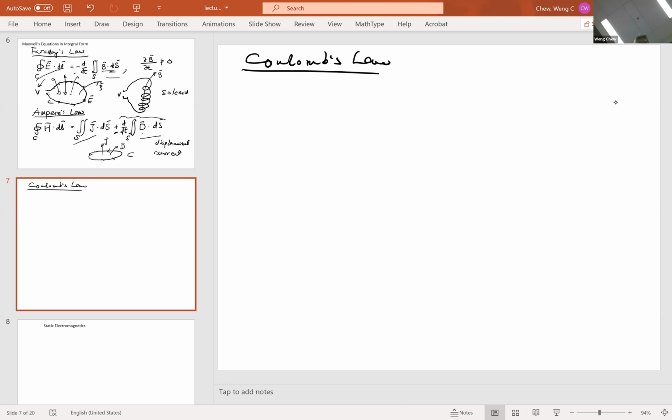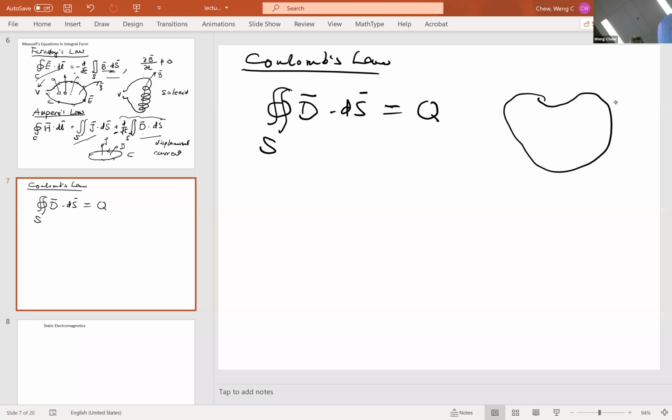Coulomb's law, what is it? It's just a statement that if we have electric flux, and you integrate over a closed surface S, it should be equal to the total charge Q inside. So if I have the surface S, and some charge Q inside, this Q will produce electric flux D, exuding from these charges.